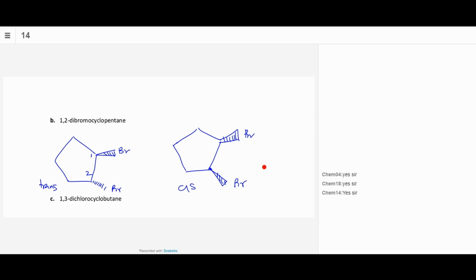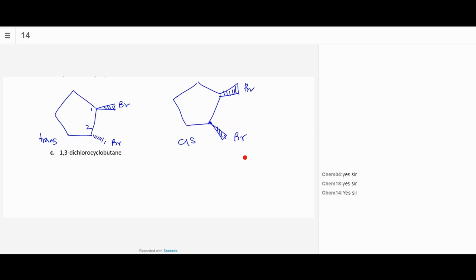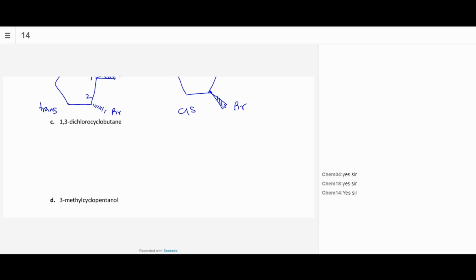Right, so the next one, 1,3-dichlorocyclobutane. Cyclobutane, 1, 2, 3. Dichloro. So both coming out or going in is cis.